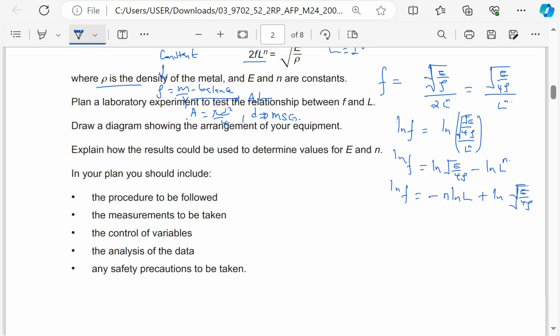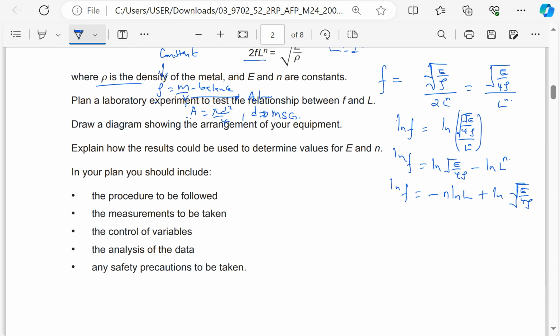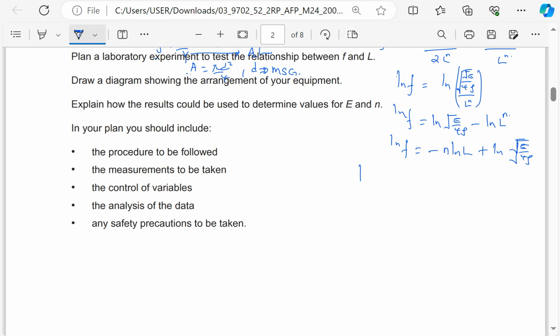This is just mathematics. Remember, f was the dependent variable, so I will plot a graph of ln f on the y-axis against ln L on the x-axis, because L was the independent variable. You notice that the gradient is going to be negative n.